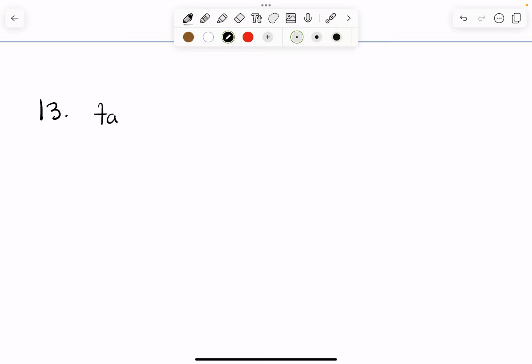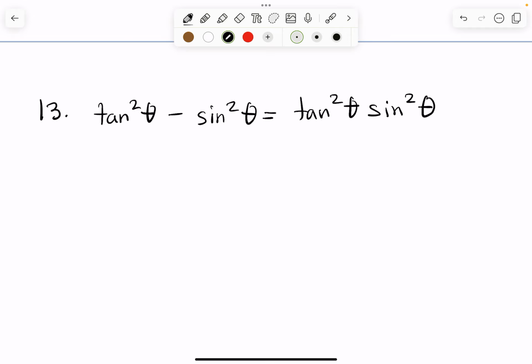All right, 13. All right, this one is interesting, like which side we should start on.